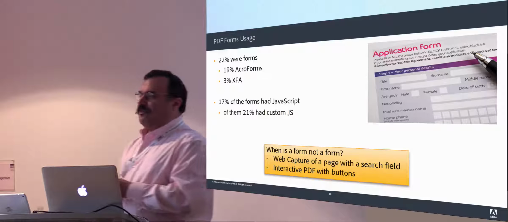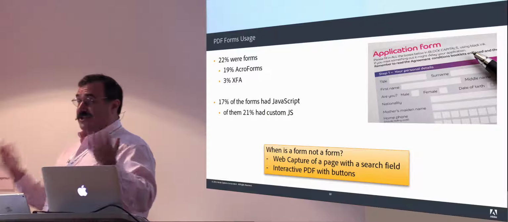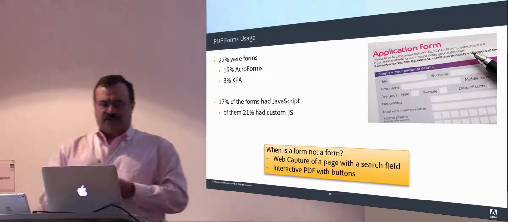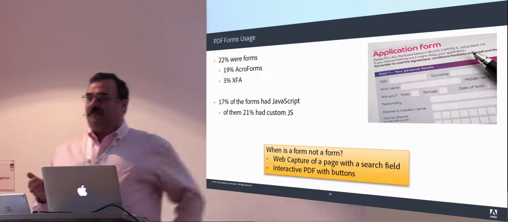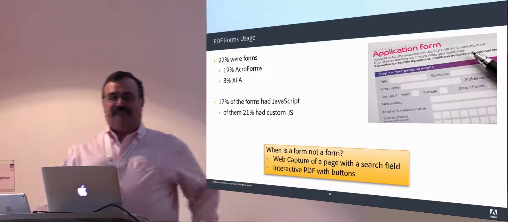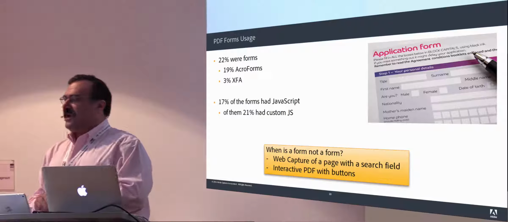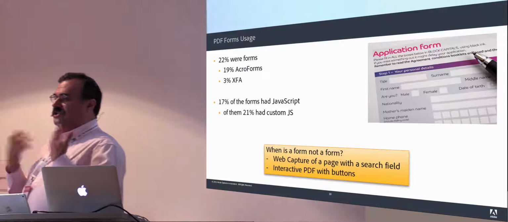We also discovered something interesting, if any of you are going to gather this data in your own products: when is a form not a form? Just because it has a form field on it, or an AcroForm dictionary, it may not actually be a form, at least what we would consider one.